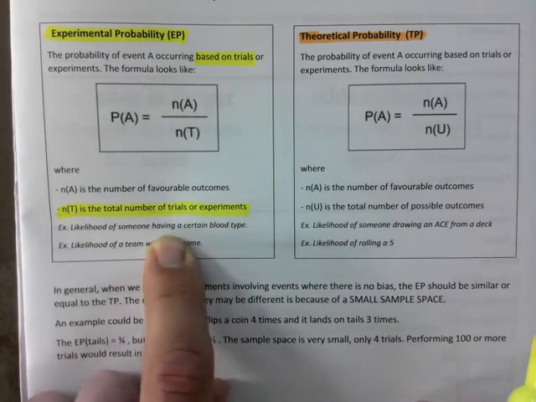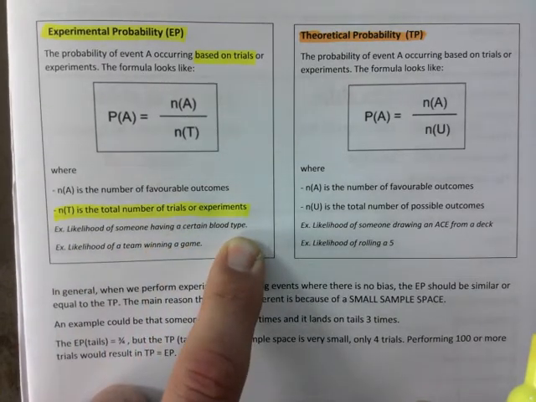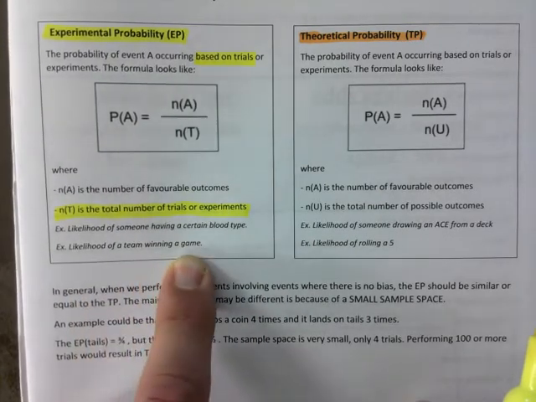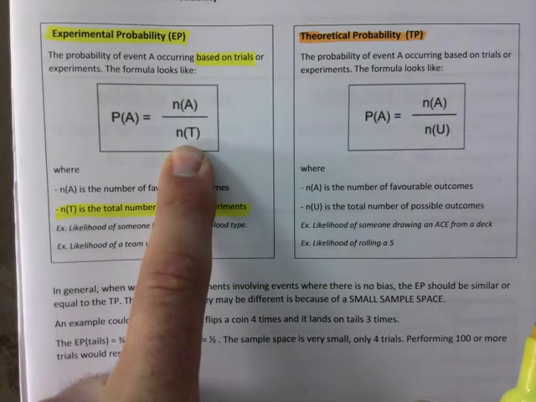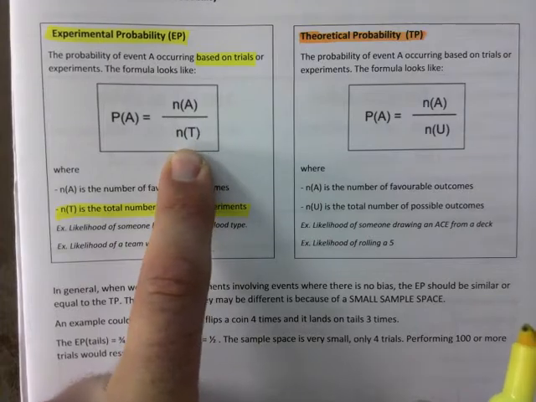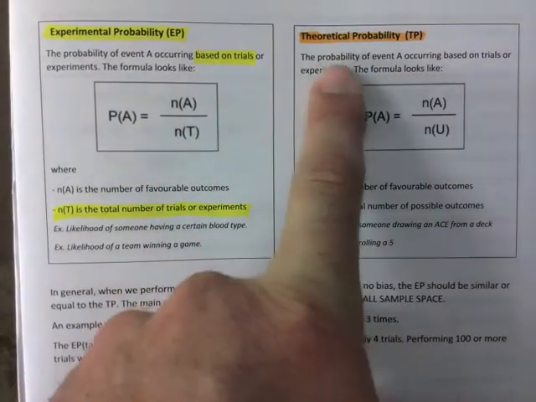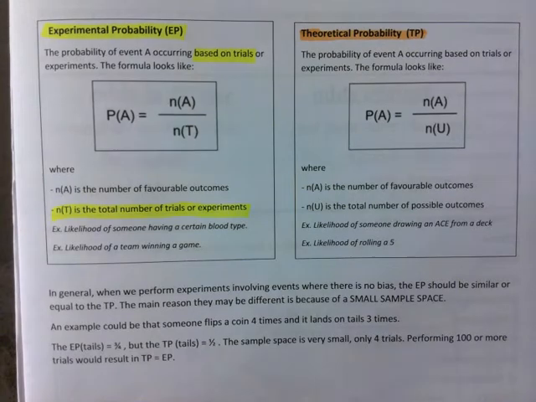Example: the likelihood of someone having a certain blood type is based on experimental probability. The likelihood of a team winning a game: when two teams meet, they have odds of winning. That's all based on actual games. We call that trials.